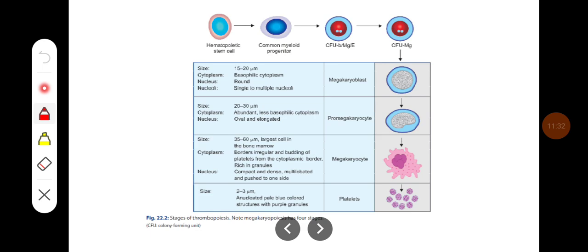So this diagram shows the different stages of thrombopoiesis. From the hemopoietic stem cells, they go into the CFU mega lineage. Then they form megakaryoblast, megakaryocyte, and platelets, which are pinched off from the megakaryocyte.